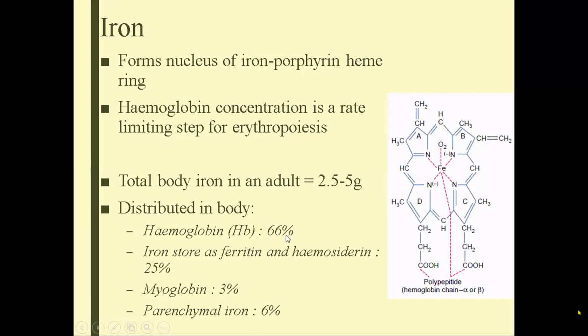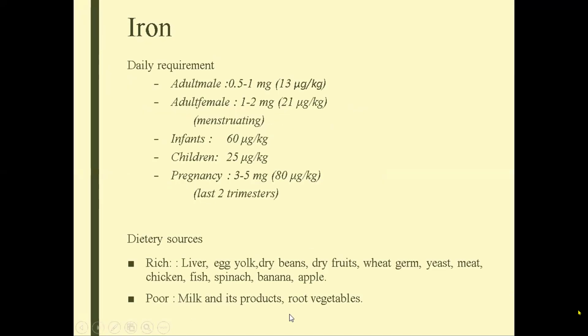So 66% is occupied by the hemoglobin. 25% is usually stored as ferritin or hemosiderin. Hemosiderin is like aggregates of the ferritin, you know. We'll see what ferritin is again. Myoglobin around 3%, and the rest of the parenchymal cells contain 6% of the iron.